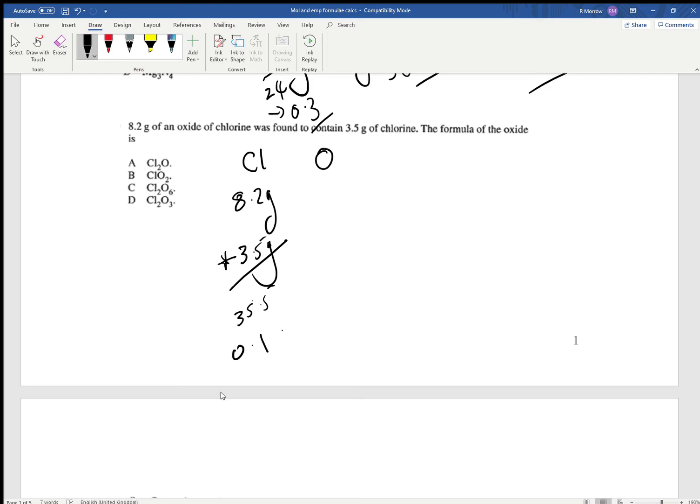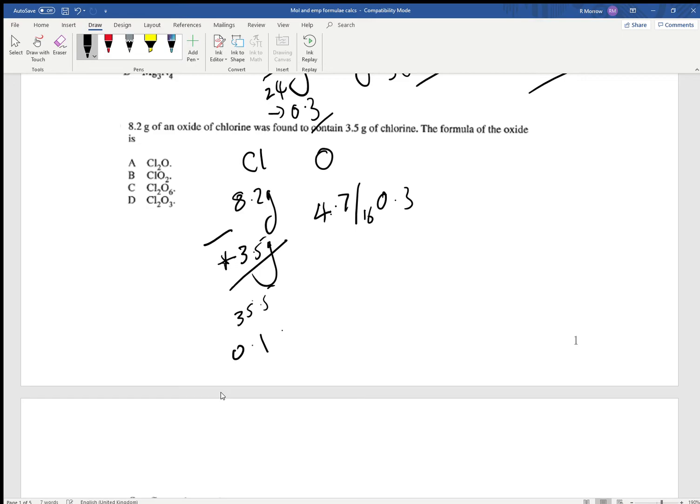We need to get the mass of oxygen that's in there, so that's 8.2 minus the 3.5, which is 4.7, and the moles of that will be 4.7 over 16, which comes out at 0.3.